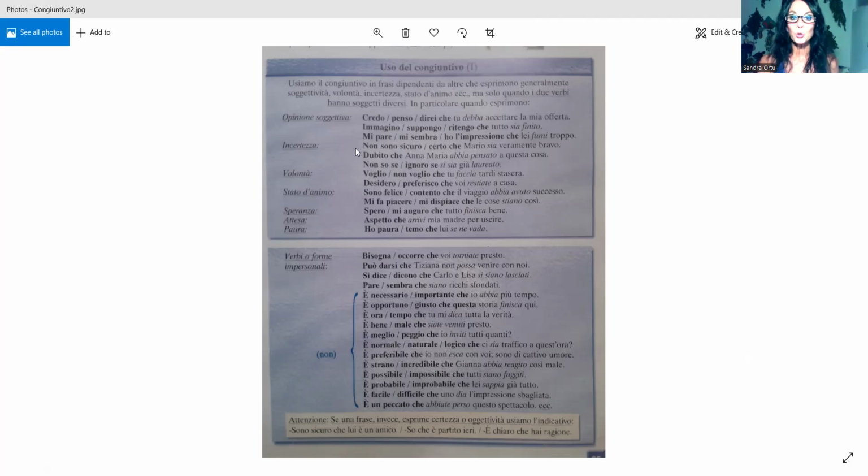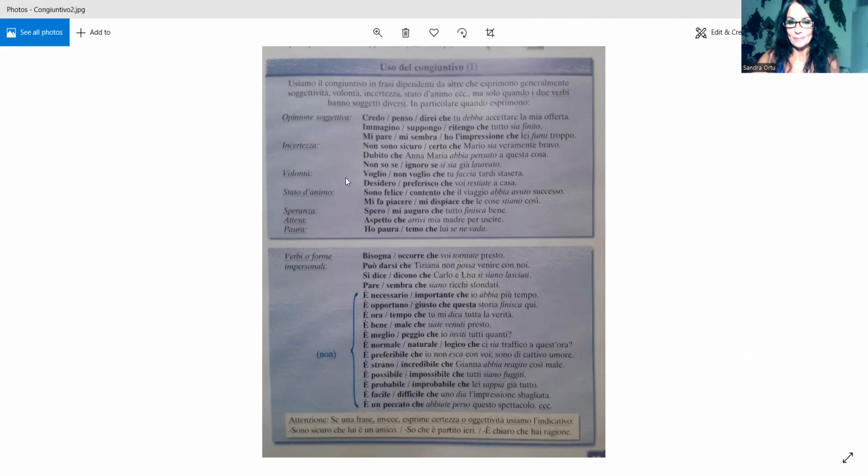Let's see. Non sono sicuro, I am not certain. So sicuro o certo. I'm not sure, I'm not certain that. Dubito che, I doubt that a certain person or whatever. Voglio o non voglio che, I want or I don't want somebody or something to do, to be, to happen.